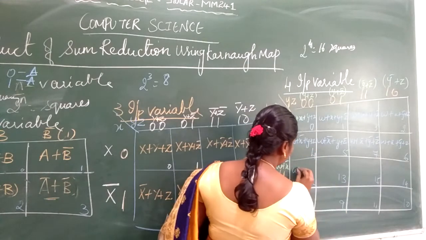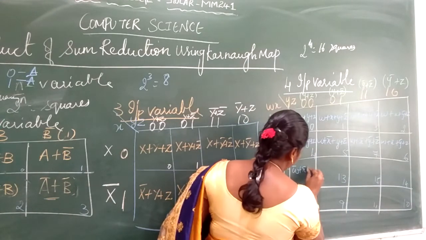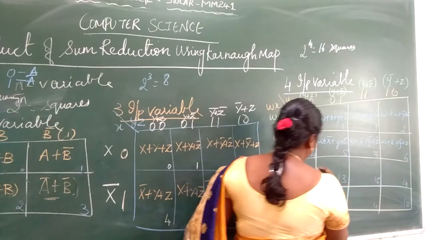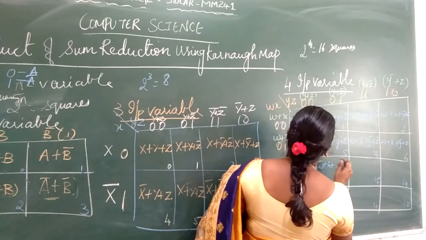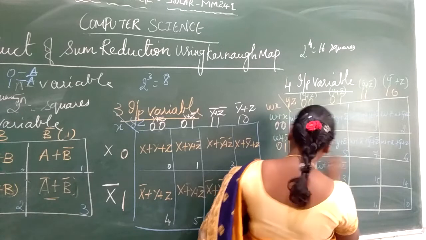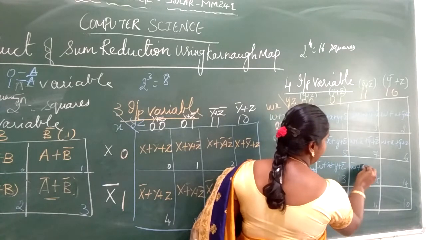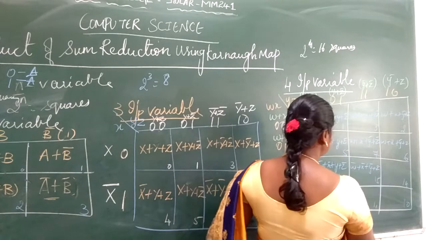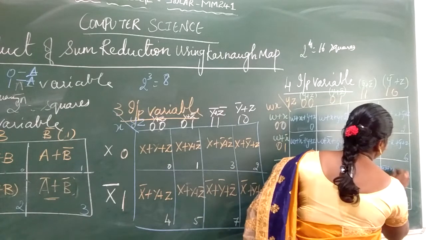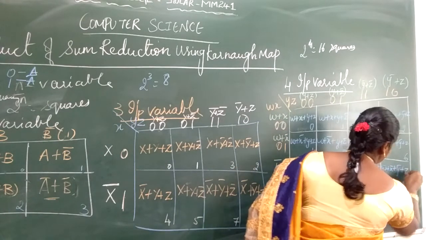Next, w bar plus x bar plus y plus z, w bar plus x bar plus y plus z bar, w bar plus x bar plus y bar plus z bar, w bar plus x bar plus y bar plus z.